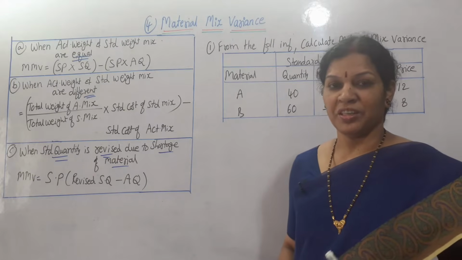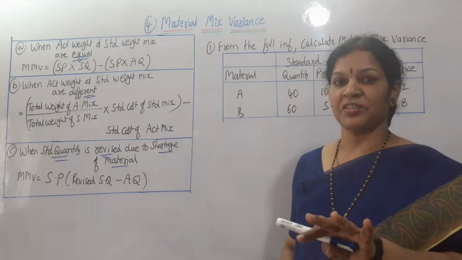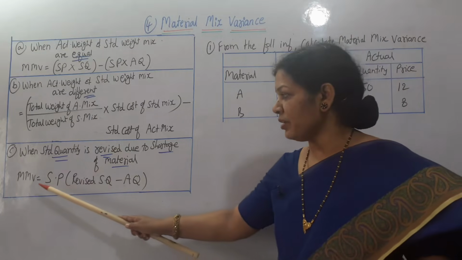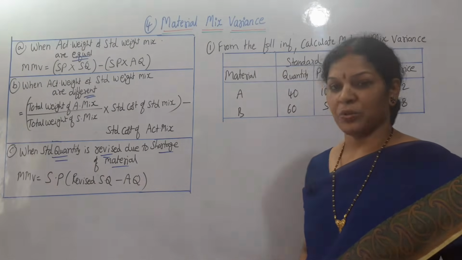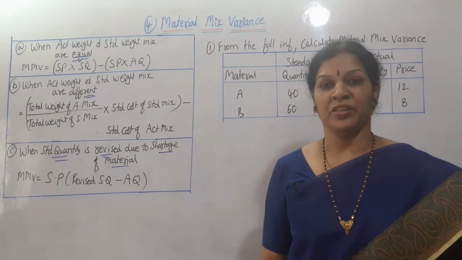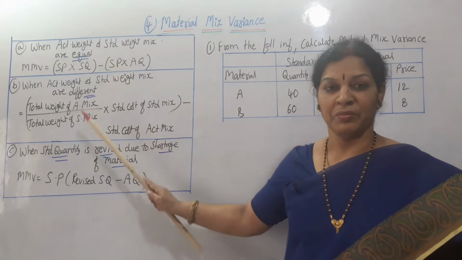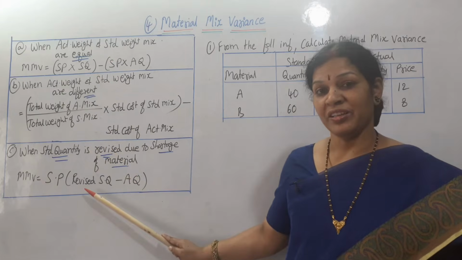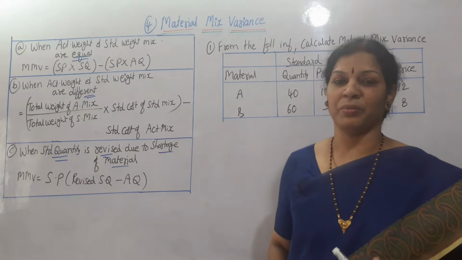Are you able to understand? When there is any revised standard quantity, then only we take standard price into revised standard quantity minus actual quantity. That's it. These 3 formulas you have to remember to know the material mix variance: when both are equal, when both are different, and when standard quantity is revised.